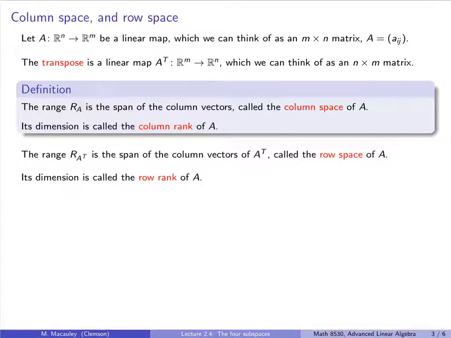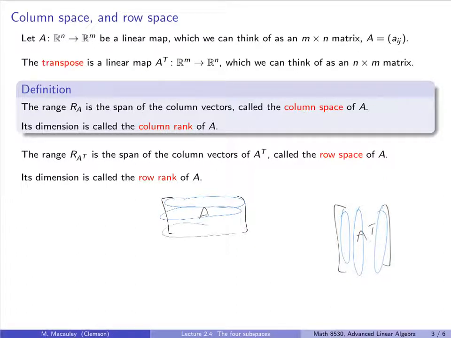Now, the range of the transpose of A: if you take A and turn it on its side, then the span of the column vectors of the transpose is equivalently the span of the rows of A. We call that the row space.